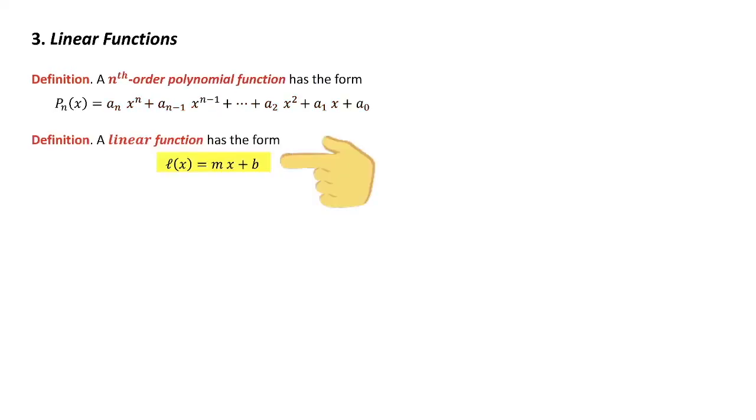Okay? So here it is, linear. A linear function has the form here. Right now, it looks like A1x, but you call it M. Linear is L, L for linear. And A1 is M, and A0 is B, so it fits the template.